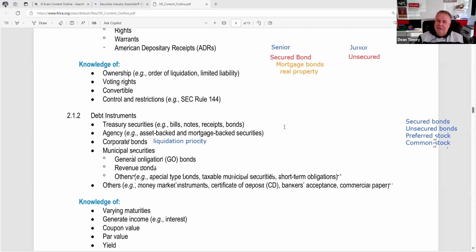Right? We also have in the secured bond category what are called equipment trust certificates. And equipment trust certificates are going to be secured by major movable equipment. And to be major and movable, what should be on the bottom of it?